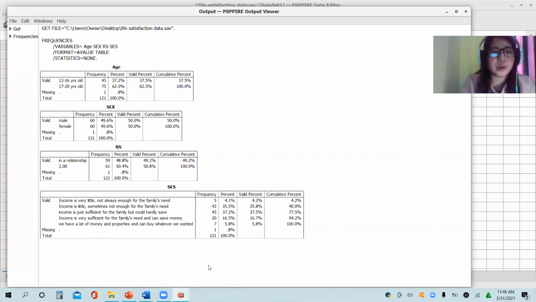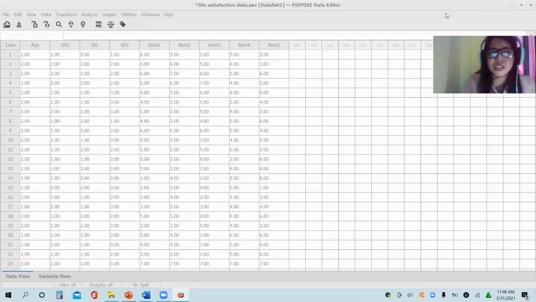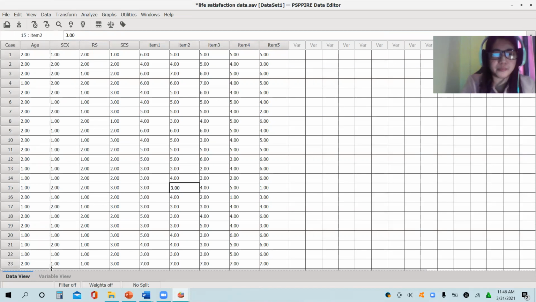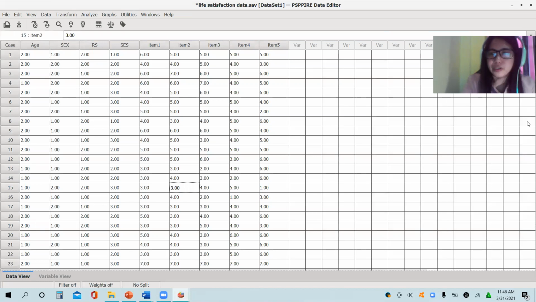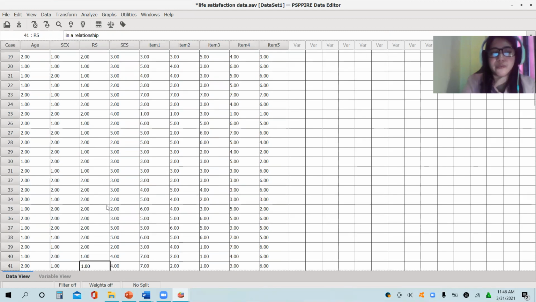So if we go now to our data, we have to check. We have a missing data, which means that we did not recheck it. So let us recheck our data. In the variable view, the missing must be equal to 0 if of course you know that there is really no missing data in your data set.